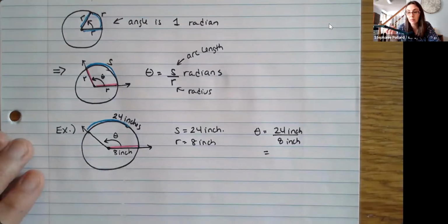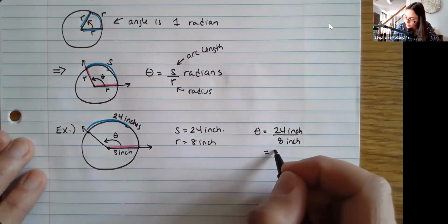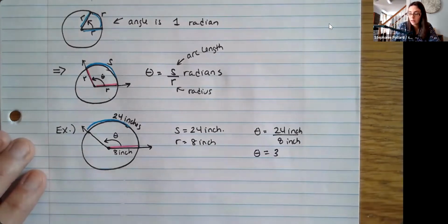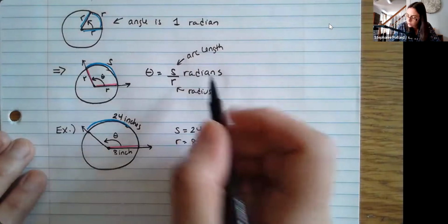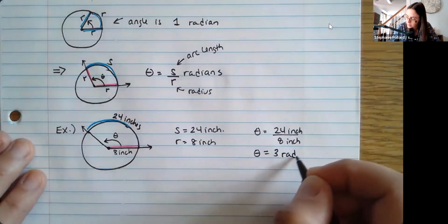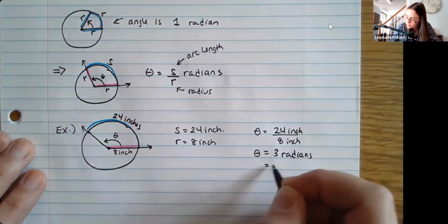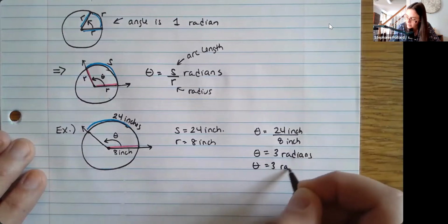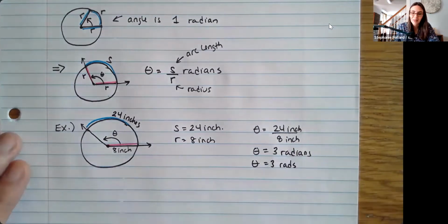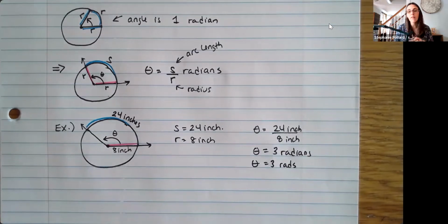You want to make sure you're in the same unit, of course, and you get 3, but the answer is not just 3. The units are always radians here. So 3 radians, or oftentimes we'll write 3 rads for short. So if you have the arc length and you have your radius, you can find the angle in radians quite quickly.